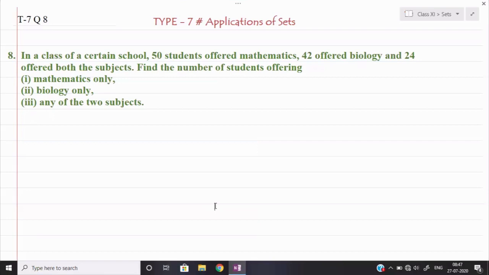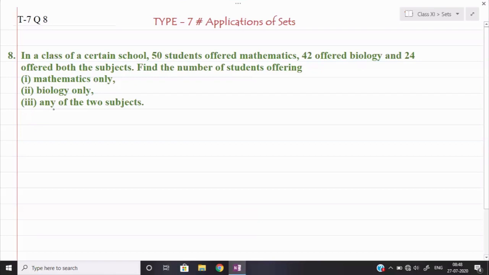What are they saying? Only mathematics. Just now we finished the question of only A or only B. With the help of that, we can easily finish part number 1 and part number 2. Part number 3 is also very simple. They are asking any of the two subjects, meaning here they are asking for the union.